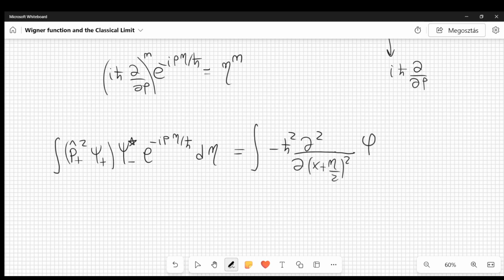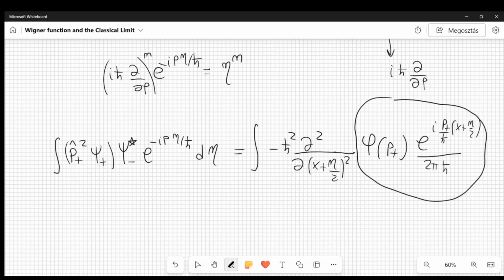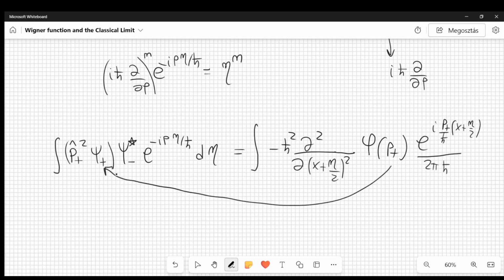So I have phi of p plus, which is the transform of psi plus, e to the i p plus over h bar, x plus eta over 2, which is just x plus, if you want, divided by 2 pi h bar. So this is the Fourier transform by definition. I define it to be like this, or if you want, the inverse Fourier transform of psi plus.